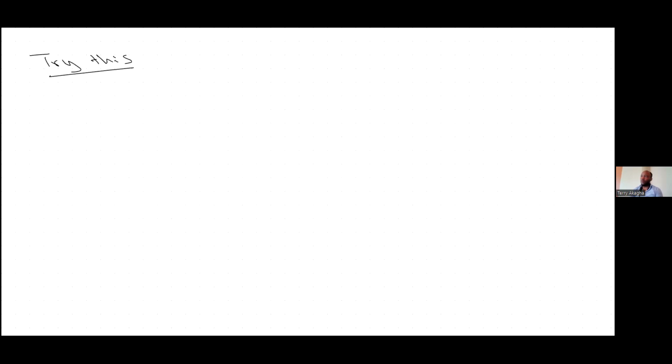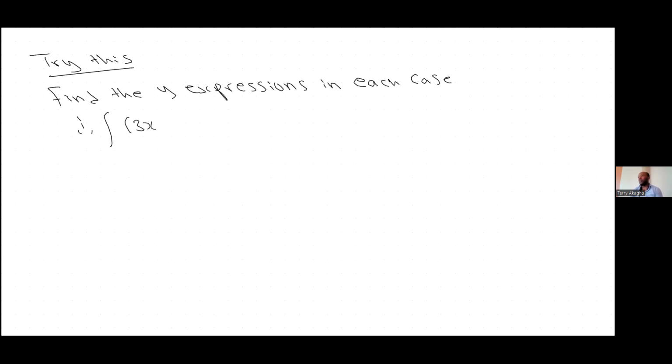Okay, so let's go. Find the y expression in each case. So we have number 1, we're integrating 3x minus 6x squared at 2 and 1.